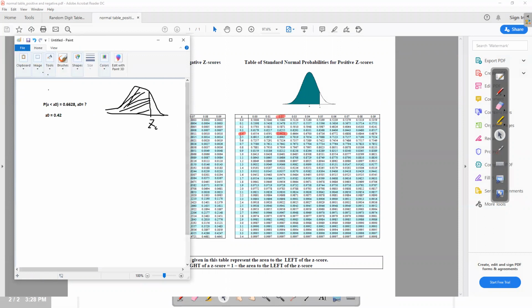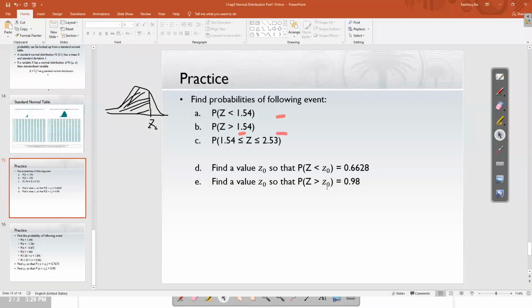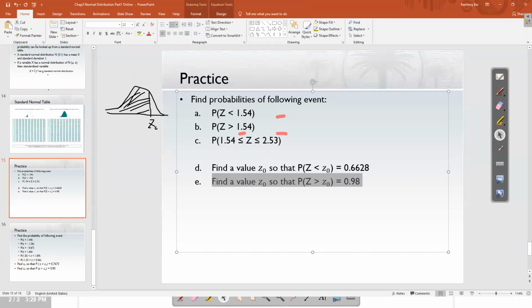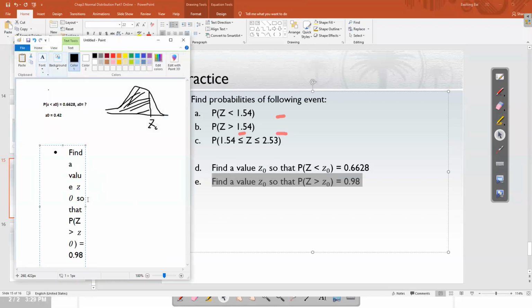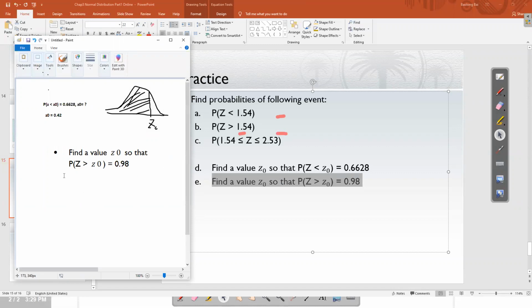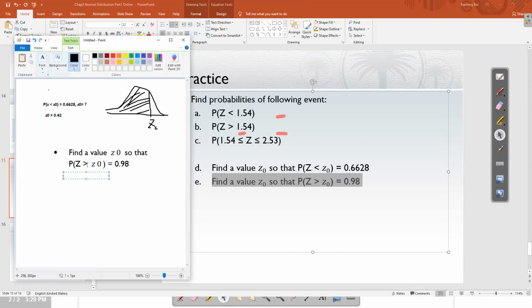And next question, we need to find a Z-score so that the probability of Z greater than z0 is 0.98. So the problem is here you have a greater-than sign, right?